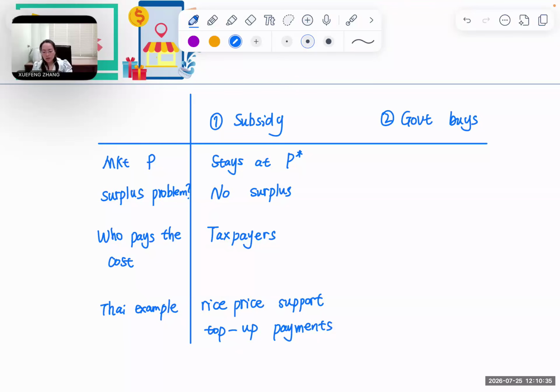Next one, government buys. So the market price is set at PF, right? Which is above the equilibrium. And we do have the surplus, right?